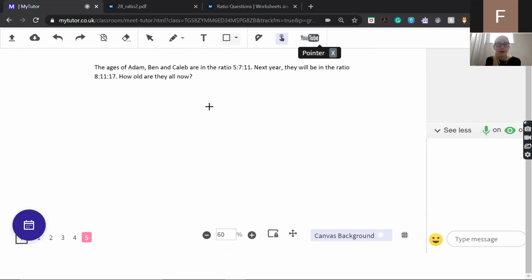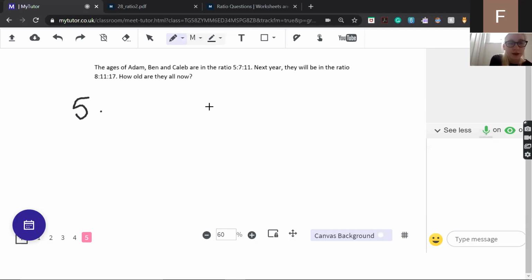So I think what we're going to have to do is call these A plus 1, B plus 1, C plus 1, I think. This is quite a difficult one. I can see how we can do it via trial and error, but I'll try to do it without that. So 5 to 7 to 11, this is the ratio A to B to C. So A, B, and C, excuse me, are what we're trying to find out now.